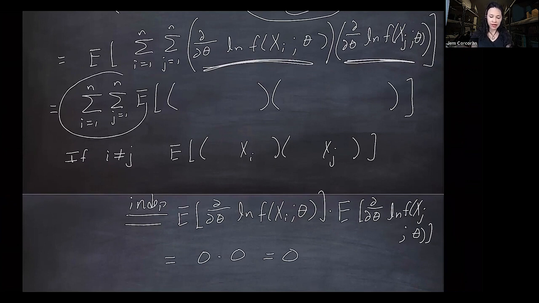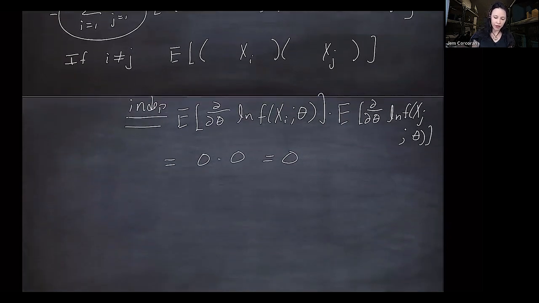Okay, so I like to think of double sum terms as organized in an n by n matrix. And so we have an expectation in every entry of that matrix, and everything off the diagonal is 0. And then everything on the diagonal, when i equals j, we're going to have this guy squared. And they're all IID, so we're going to get that over and over again.